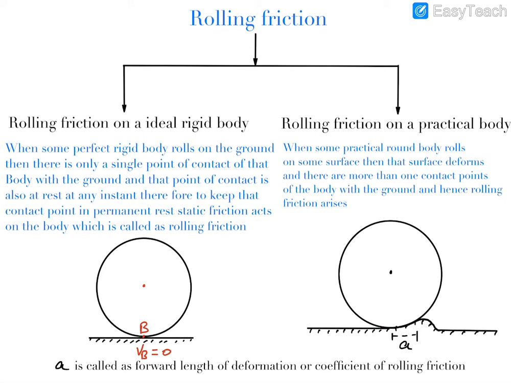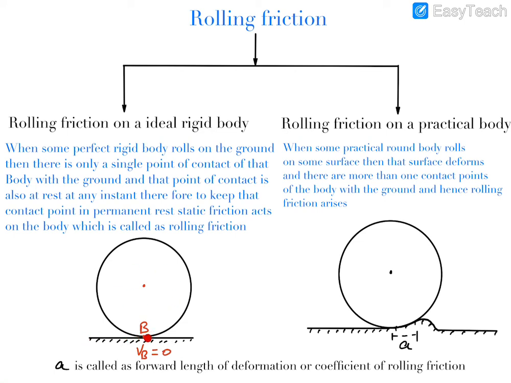But in the syllabus of IIT JEE, Olympiads and all engineering or medical exams in India, we are only dealing with perfect or ideal rigid bodies. So when we talk about rolling friction acting on an ideal rigid body, we talk about this one. For an ideal rigid round body rolling on a flat surface, that surface must also be perfectly rigid, so it is not deforming when the body rolls on it.